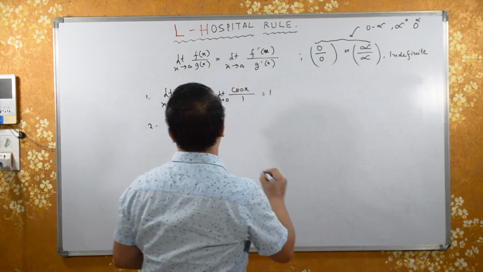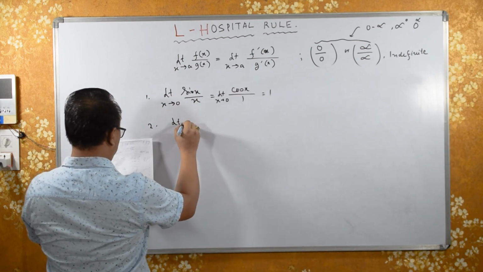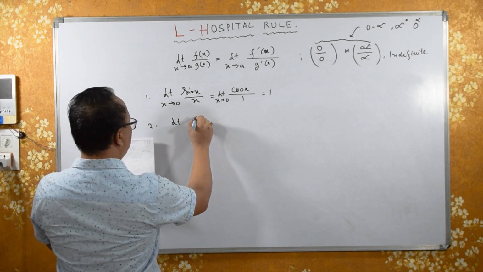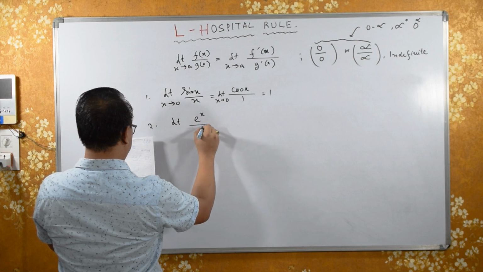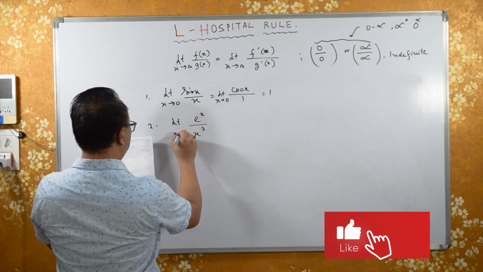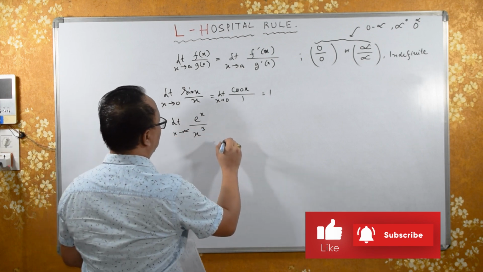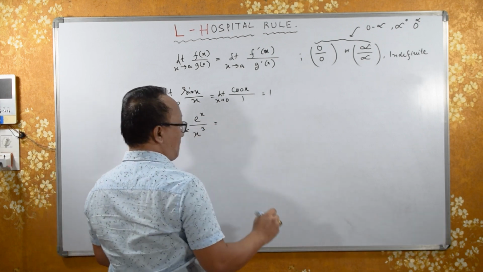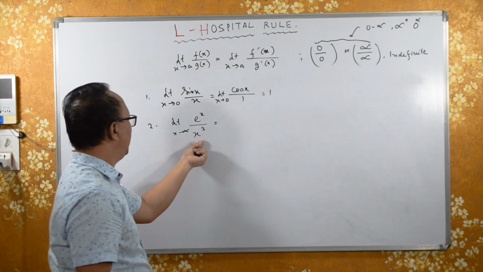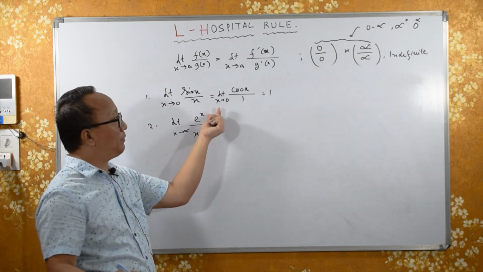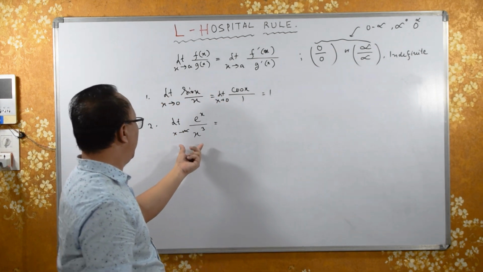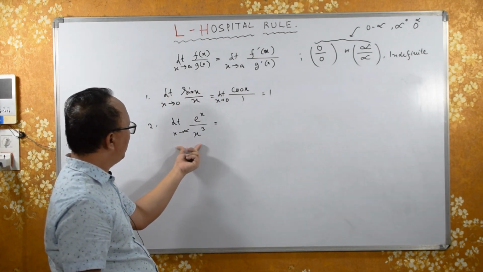Let's take some other example also. Limit of e raised to x upon x cube, where x tends to infinity. When x tends to infinity, e raised to infinity becomes infinity, and x cube also infinity. It is of the form infinity upon infinity, so we have to differentiate.